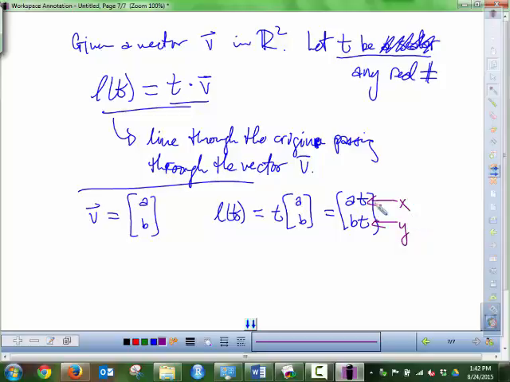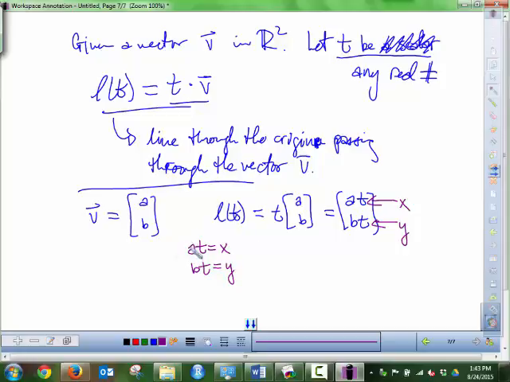So what we could do is we can break this up to two different equations. And what we have here, actually I should have written it the other way, x is equal to at and y is equal to bt.